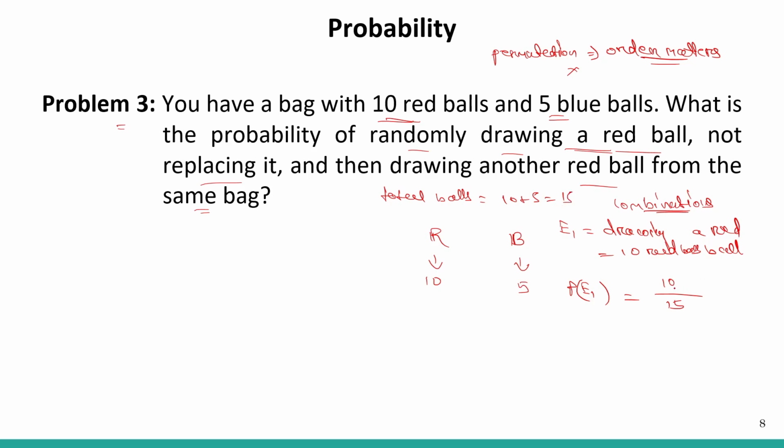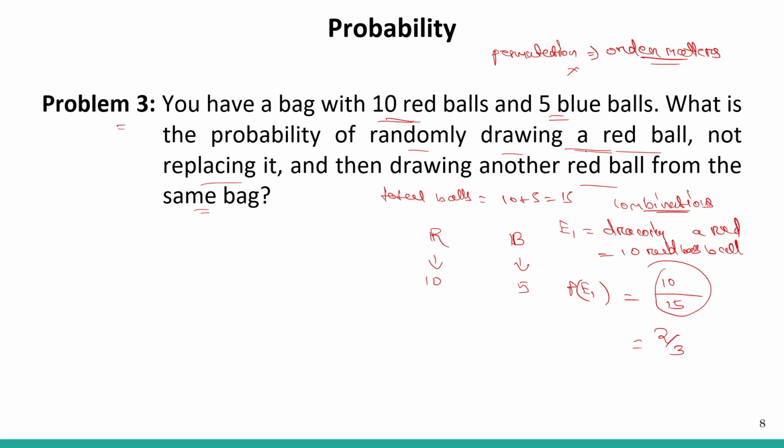So that is why 10 by 15. So it will be 2 by 3, if we divide by 5, that is the HCF of 10 and 15, the highest common factor. Okay, so we have got P of E1, that is randomly drawing a red ball, and not replacing it.